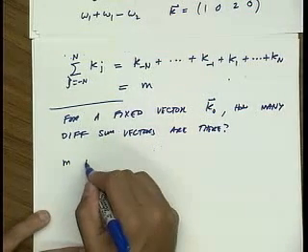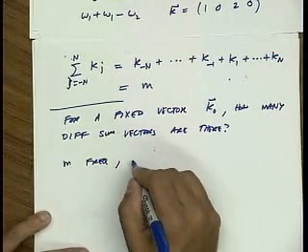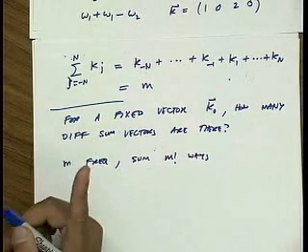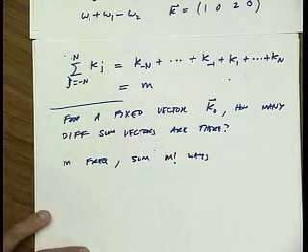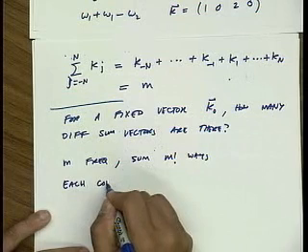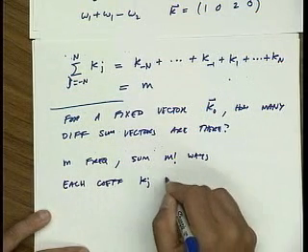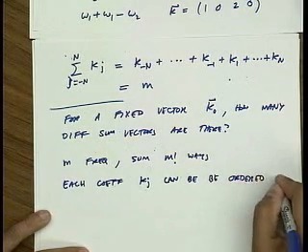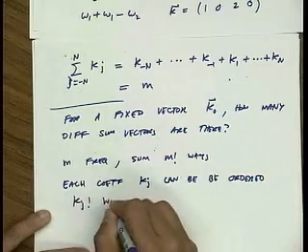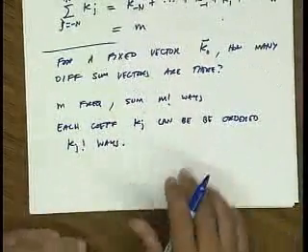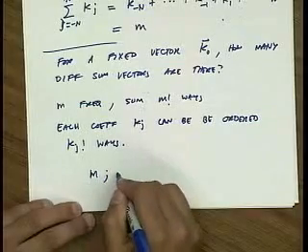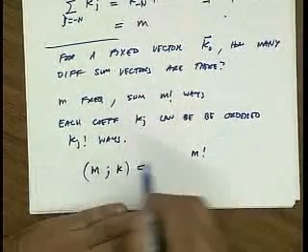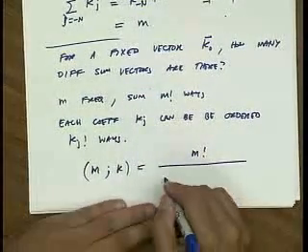So I know that if I have m frequencies, I can sum them m factorial ways. But the order is not important, right? So we need to get rid of the order. So each coefficient kj can be ordered kj factorial different ways. So the total number is the multinomial coefficient: m factorial. That's the total number that I can sum, and then I have to divide by the various ways I can order.